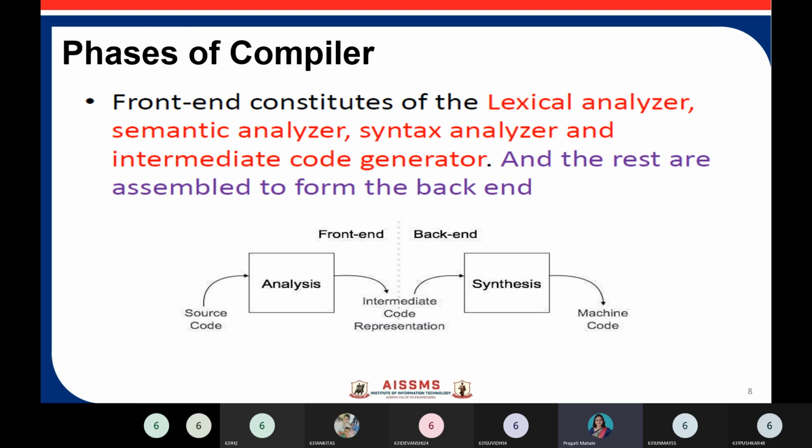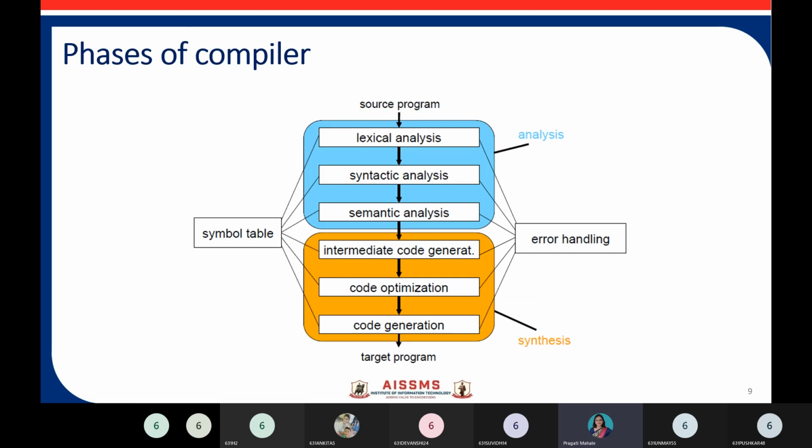So this analysis phase, as you can see in this particular diagram, consists of operations such as lexical analysis, syntactic analysis, semantic analysis, right? Similarly, this synthesis phase, as you can see here in the yellow color, also has three operations, that is intermediate code generation, code optimization, and code generation.